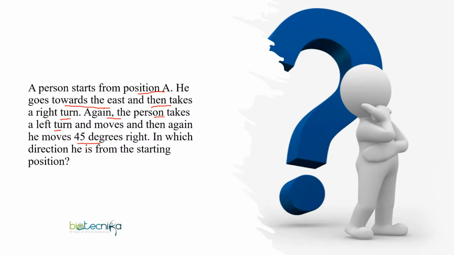In which direction is he from the starting position? So read the question very carefully. Here you have to understand the direction, and the angle is also given, that he turns 45-degree. Just carefully watch the question and then draw the diagram. Let's see who is the first one to give the answer.